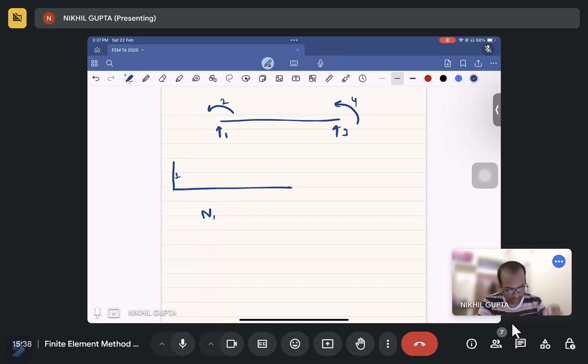So by making this point value 1, you have to make the node 2 n1 value 0. So there is a catch in this: this degree of freedom 2 is a slope.